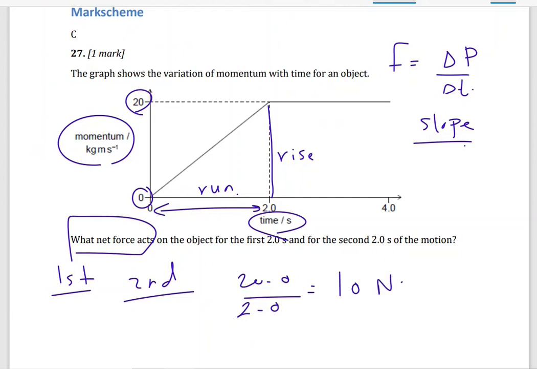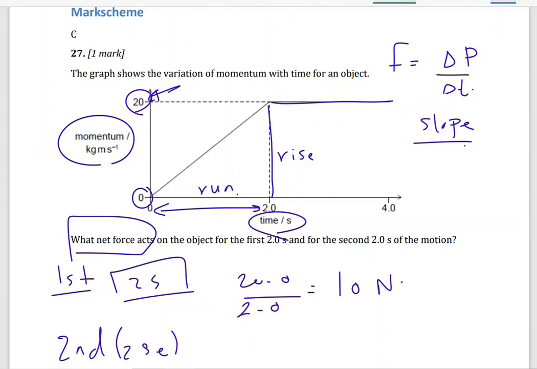Now the second 2 seconds. Here is the first 2 seconds, and now the second 2 seconds. The slope here is 0 because I have a horizontal line. The value of the momentum all the time is 20.